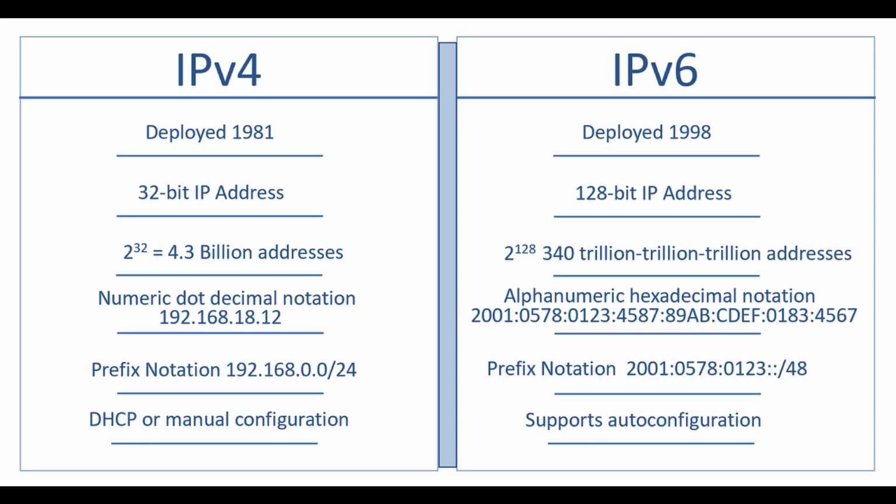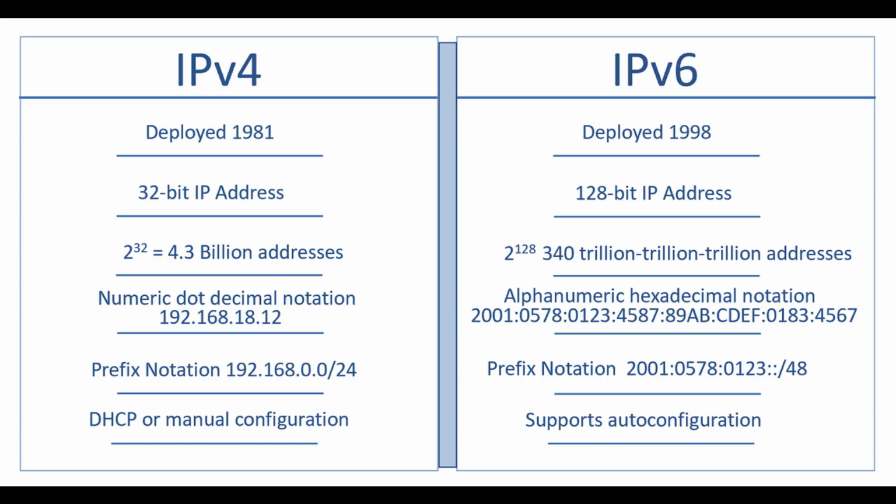The key differences. Network Address Translation, NAT: IPv4 relies heavily on NAT to manage limited addresses, while IPv6 eliminates the need for NAT, simplifying routing and improving performance.